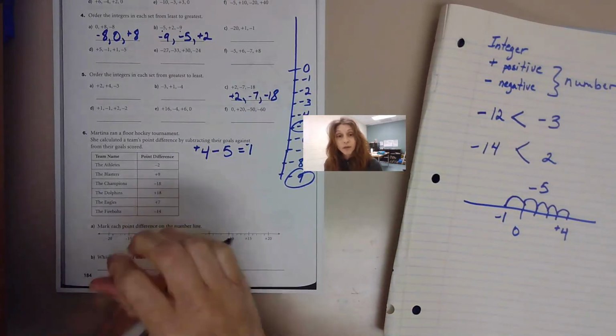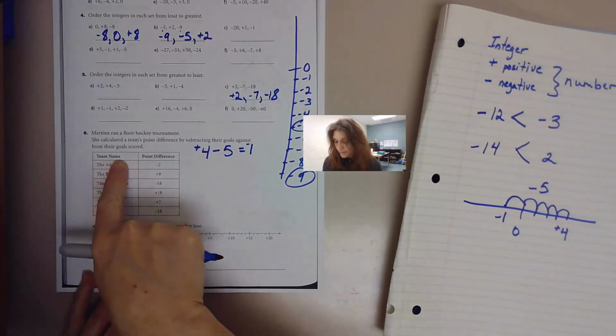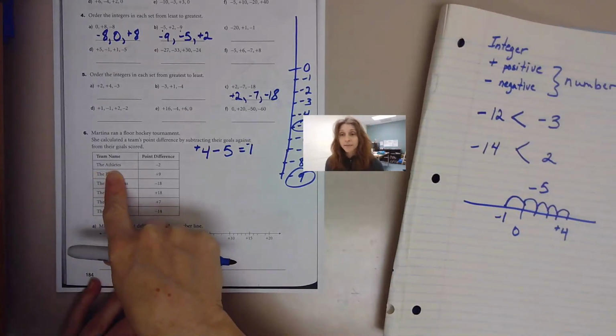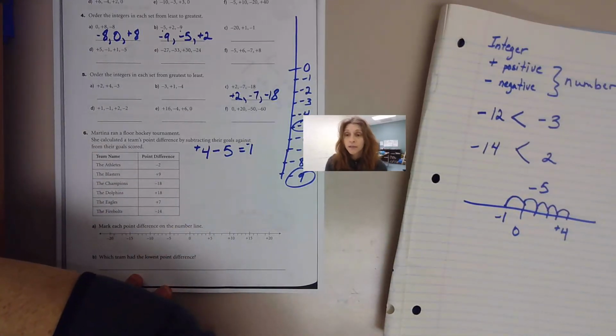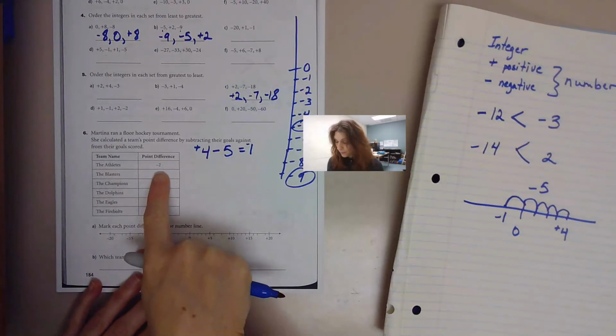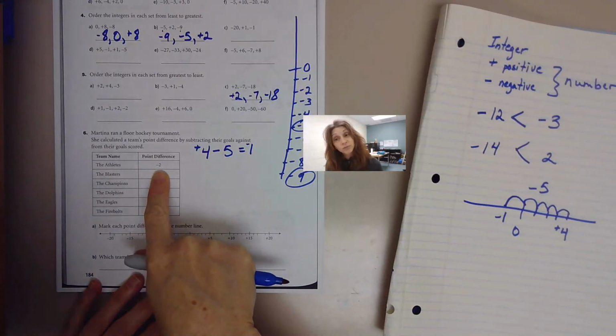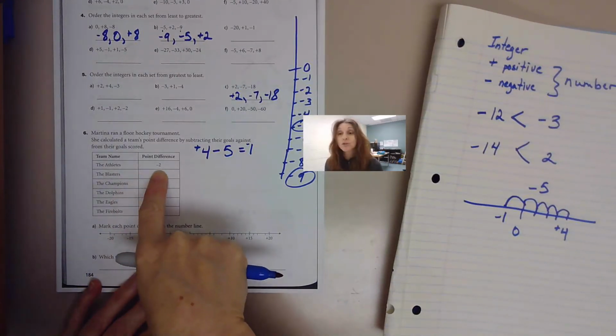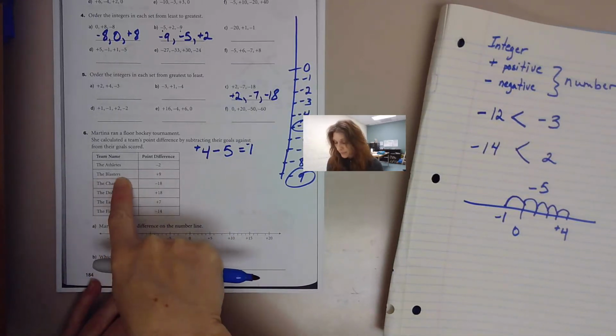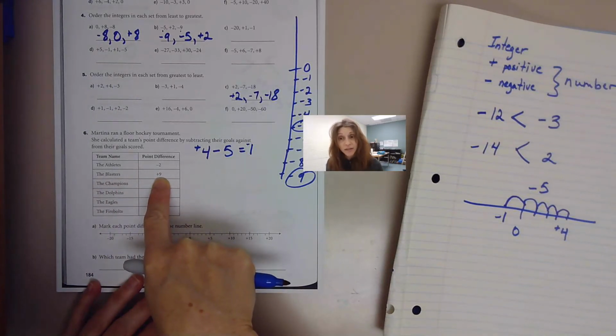Okay, -1. So here we have the team name, the athletes, and their point difference. One team's point difference was -2, so they scored 2 fewer goals than their opponents did against them. The Blasters were +9, so they have a good plus minus, as we call this.